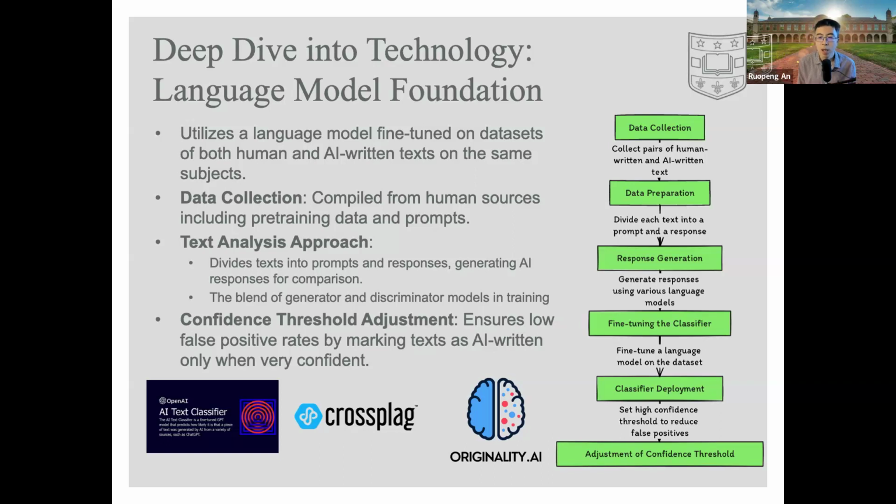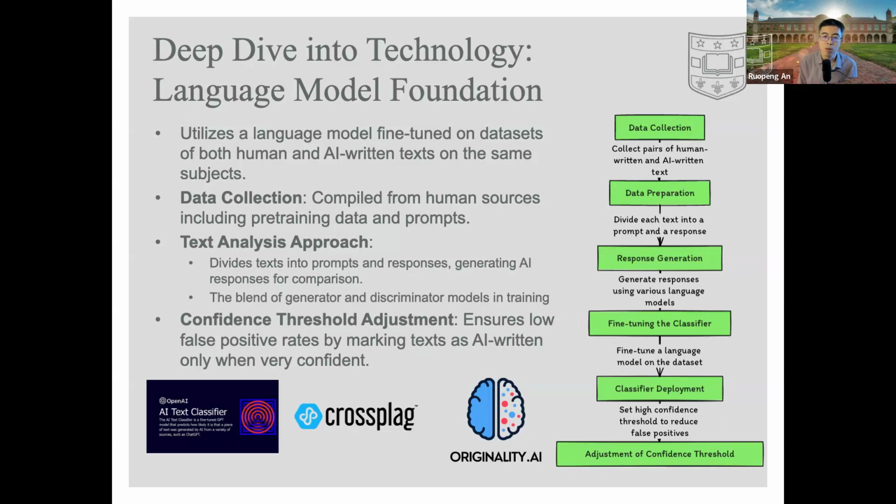So on the right-hand side, we illustrate the process. First, we need to collect an abundance of data, basically pairs of human-written and AI-written text. And then we divide each text into a prompt and a response so that we can get a variety of AI-generated text to augment our data set, right?